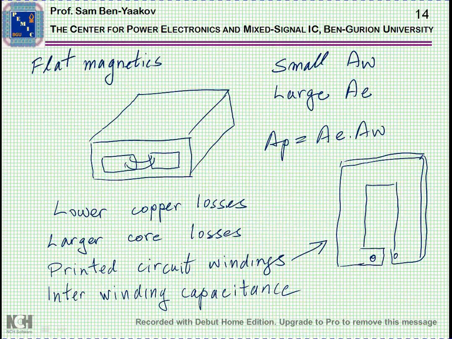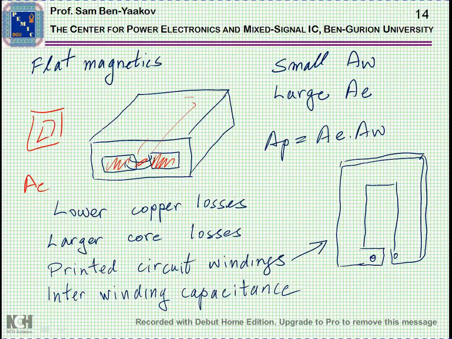Finally, I come to the subject of flat magnetics. Flat magnetics stands for shapes of core which are different from the ones I've shown before, and they are characterized by a large AE, this will be the cross-section here, and a much smaller winding window.